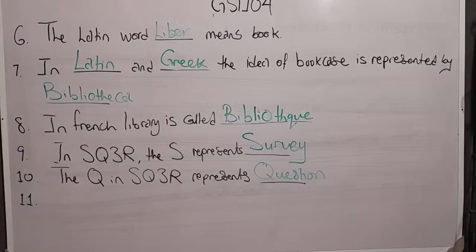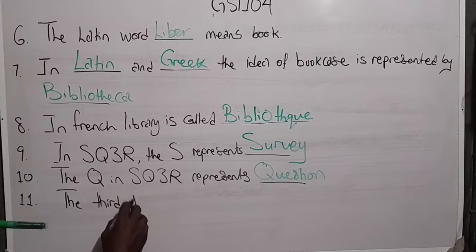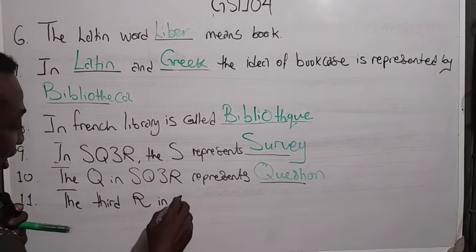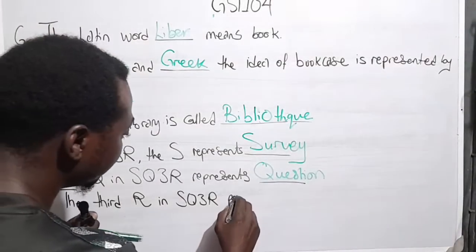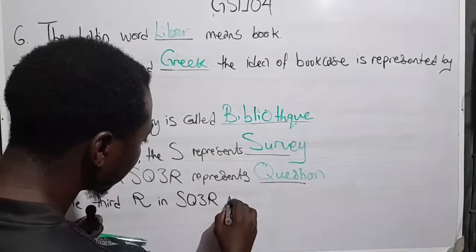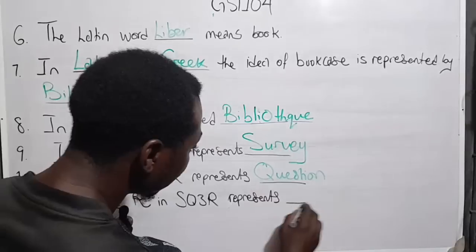Now, the third R in SQ3R represents dash.